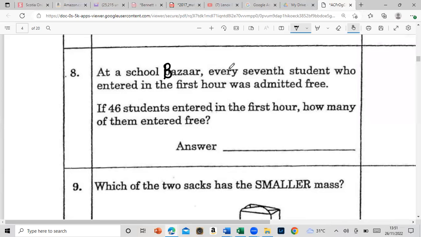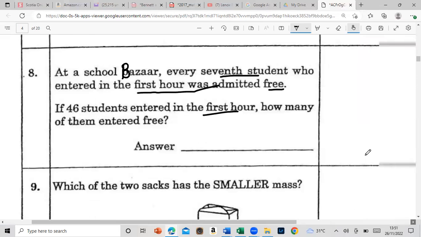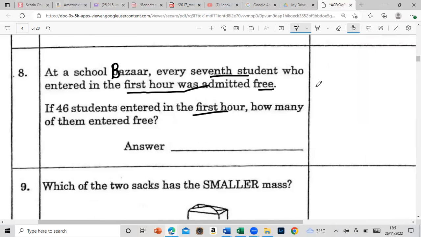At school bazaar, every 7th student who entered the first hour was admitted free. If 146 entered in the first hour, how many students were entered free? Now they say the 7th student. So every 7th student, bam, it's 1 person free. Bam, another person free. Bam, another person free.